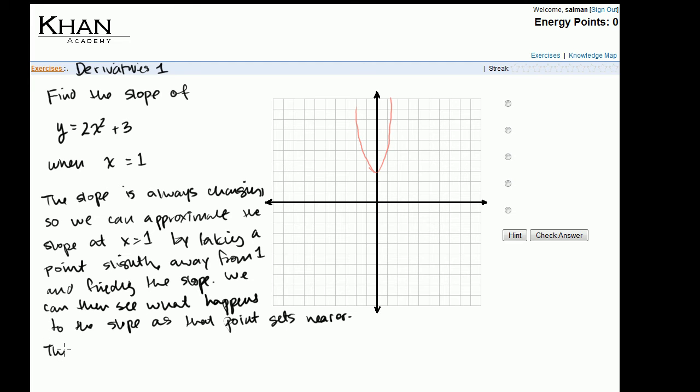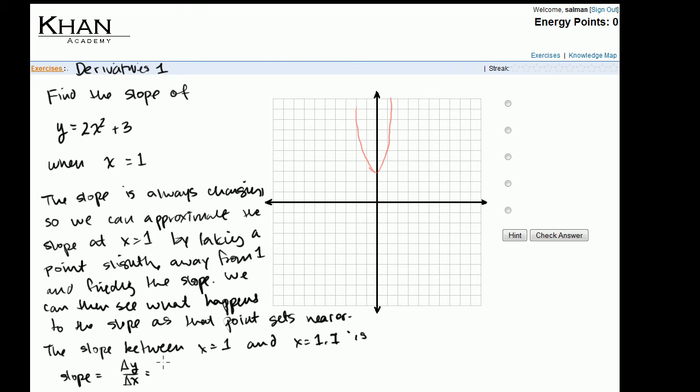So the slope between x is equal to 1 and x is equal to 1.1 is, and then you say slope is equal to change in y over change in x. We could write it down.